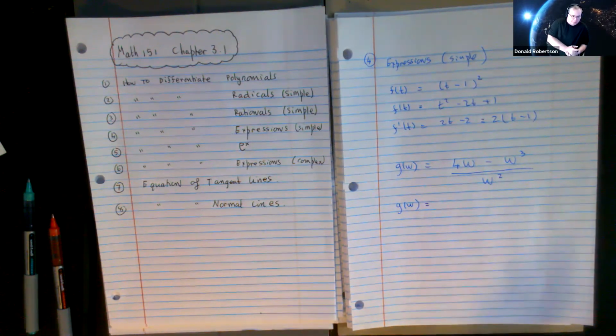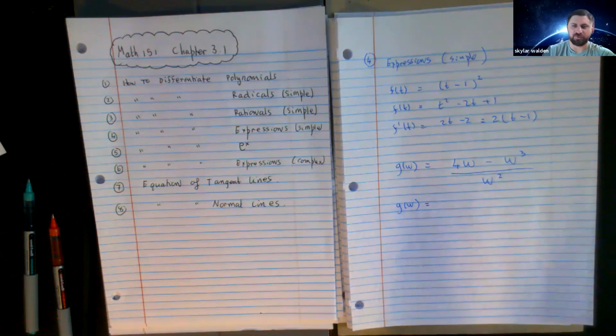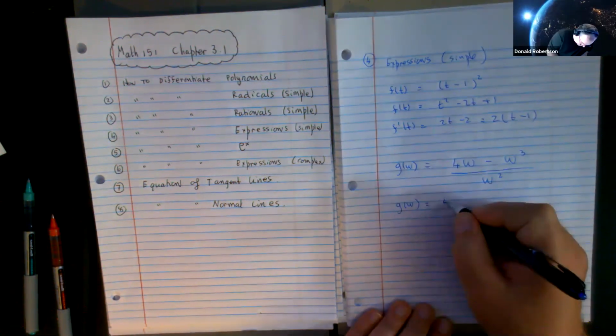It's not in a form that allows me to use the power rule, agreed? That's my problem. I got to get it rewritten so that I can use the power rule. Did you multiply by W squared maybe first or no? Okay. Yeah, let's try that.